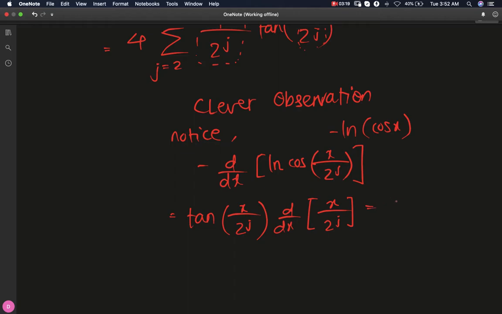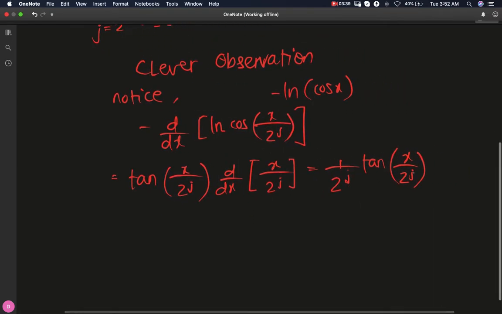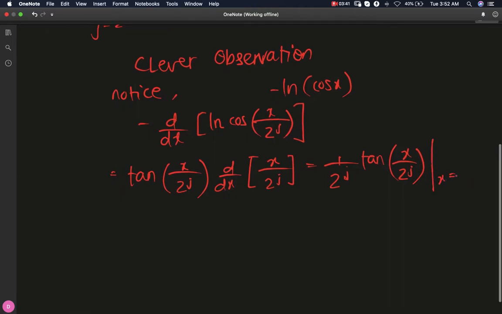This becomes 1 over 2 to the j times the tangent of x over 2 to the j. This is what this expression evaluates to. And if in place of x later on we plug in pi, we get 1 over 2 to the jth power times the tangent of pi over 2 to the j.